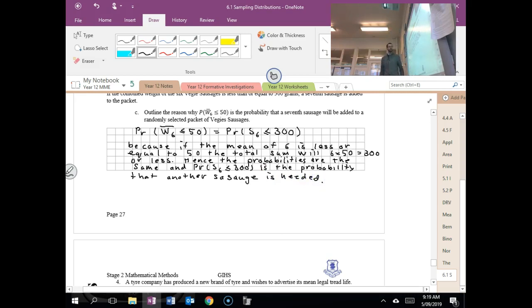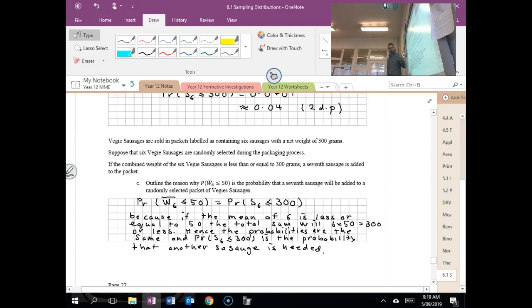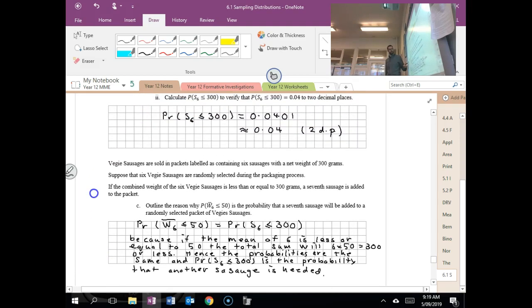So you can actually do it 2 ways. The probability that the sum of 6 is less than or equal to 300 will be the same probability that the mean of the 6 will be less than or equal to 50. It's equivalent.